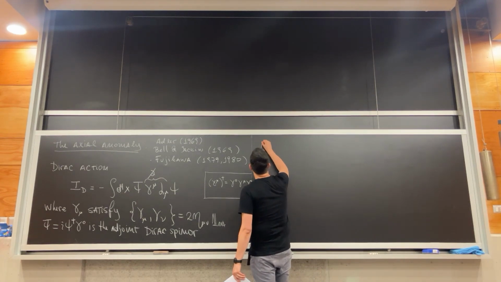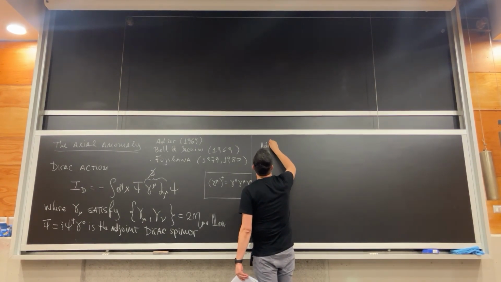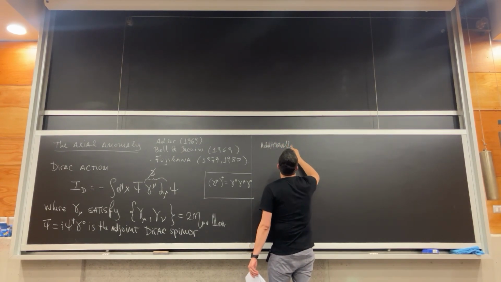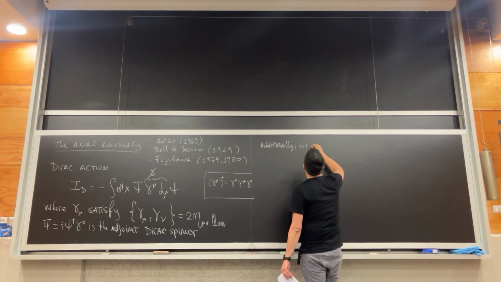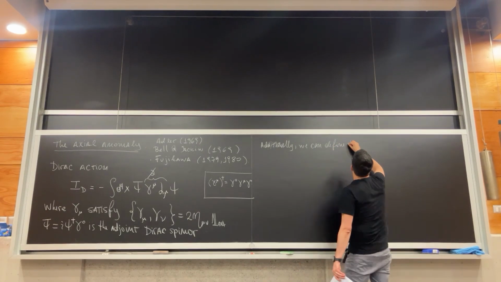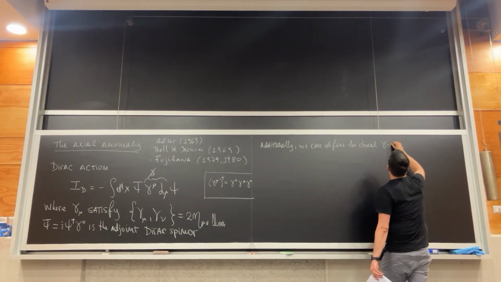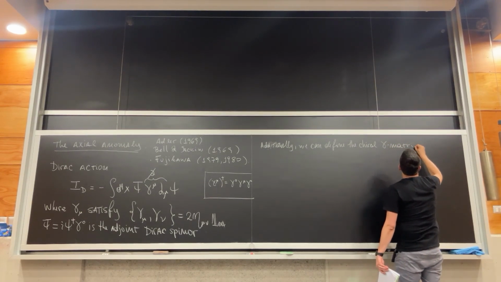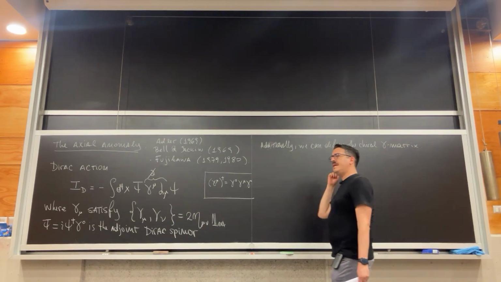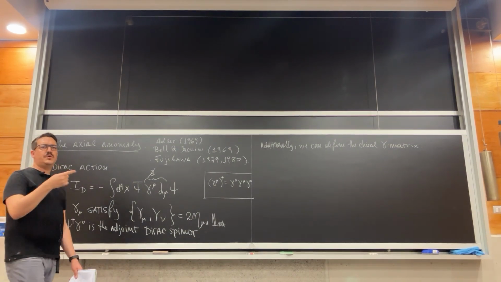Additionally, we can define the chiral gamma matrix by taking the product of all the gamma matrices, like gamma 0, 1, 2, and 3.